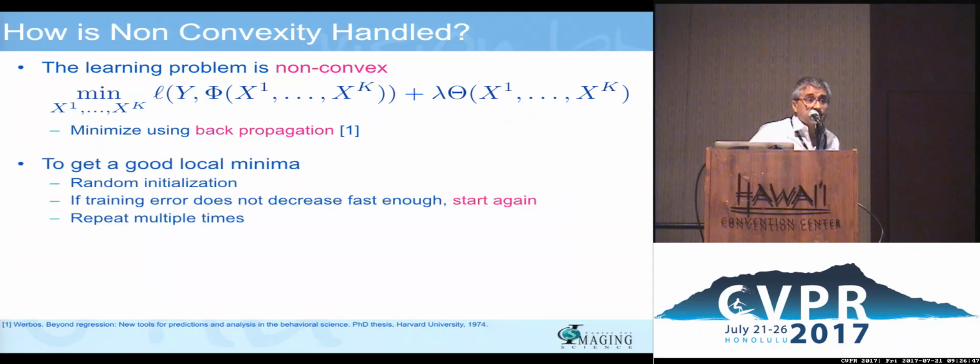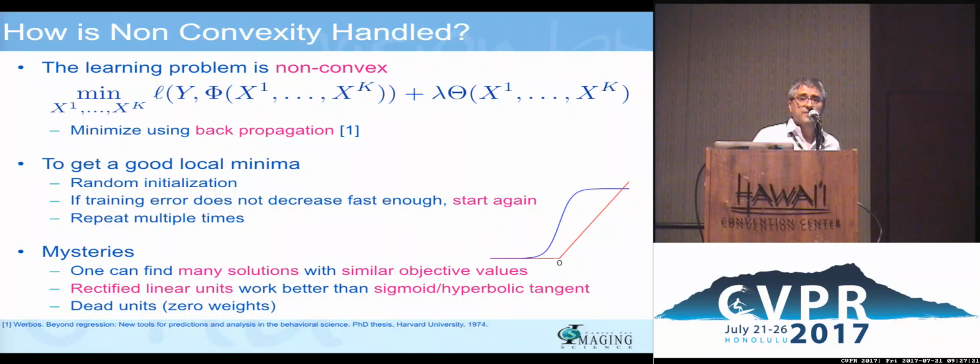Because the problem is non-convex, in principle, you could get trapped in many local minima. So what is typically done to get a good minimizer is a little bit like trial and error. Either you know a good initialization for the weights to begin with, or otherwise you just look at the training error. If it is not going down very fast, it's very likely that it won't be a good solution, so you just throw it away. And you repeat this process from multiple initializations, and then you pick the best.